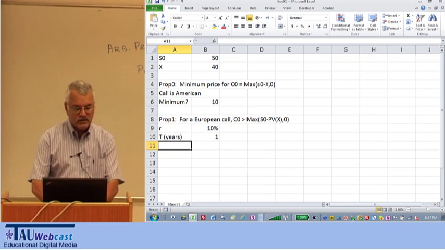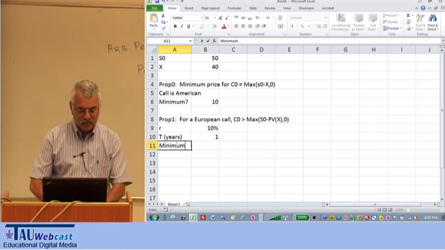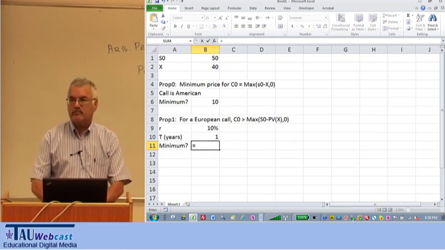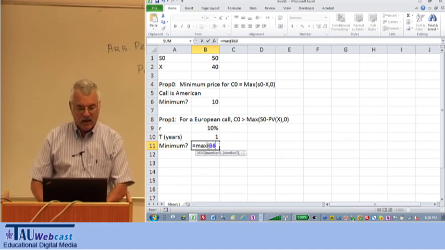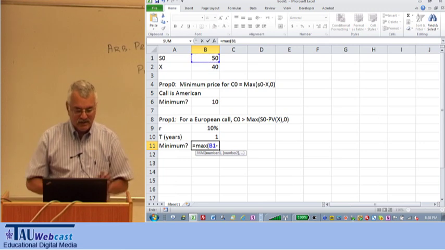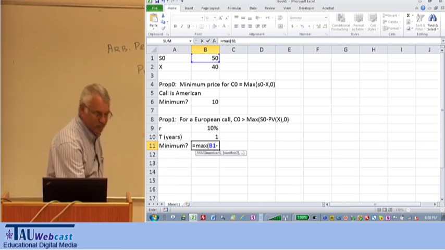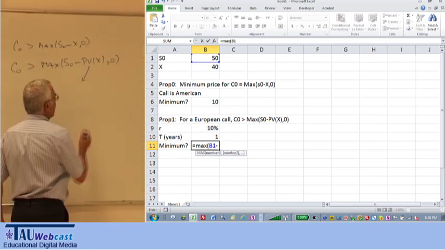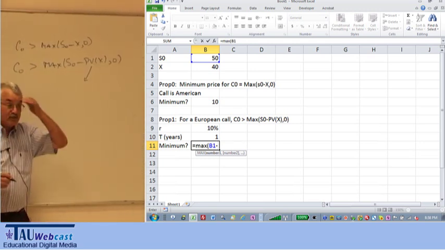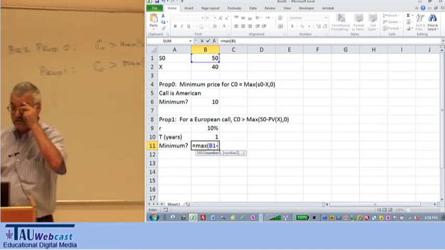Okay, so what's the minimum? Well, it's max of S0 minus, now, here I have a problem. How do I write the present value if I know the interest rate?